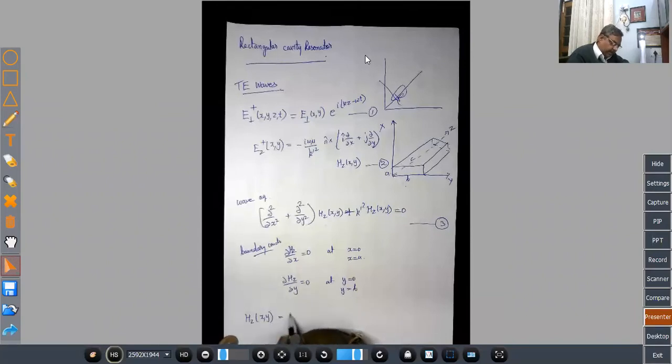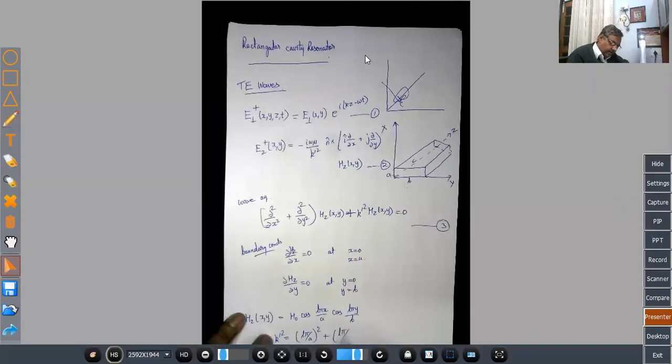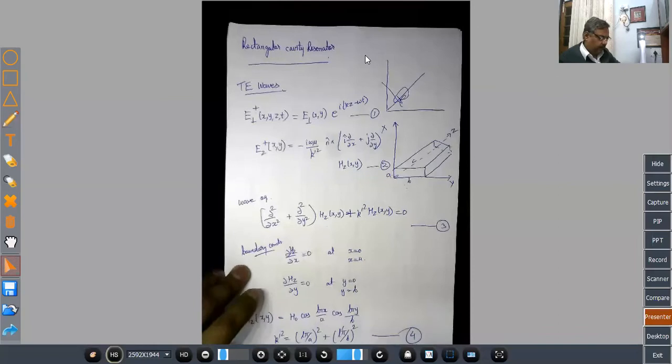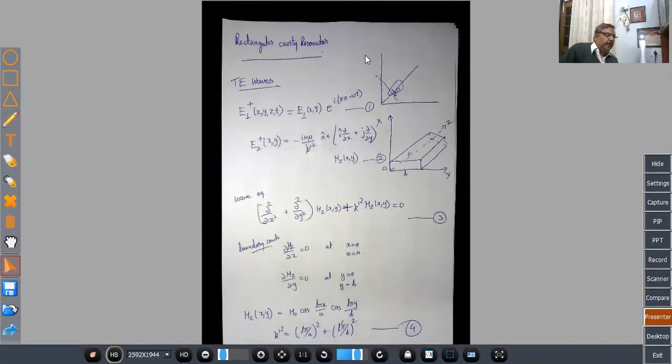In the previous lecture, we have derived the value of Hz, where k dash square was this, we have already studied.